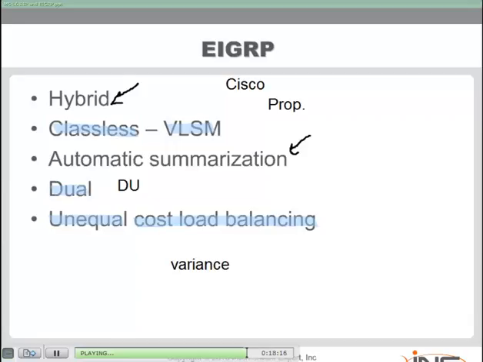Something that used to be popular with EIGRP, but we really don't care about it anymore, is the fact that it can work with more than just TCP/IP, thanks to what are called protocol-independent modules. We just don't really care about this anymore because the whole world has embraced IP, hasn't it?